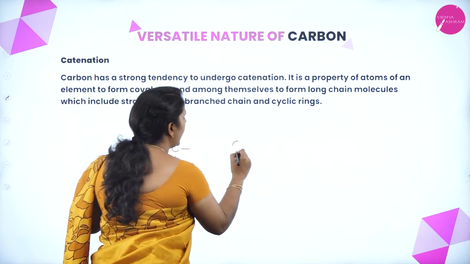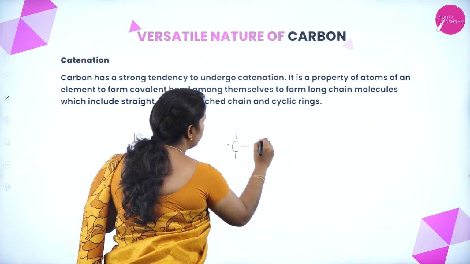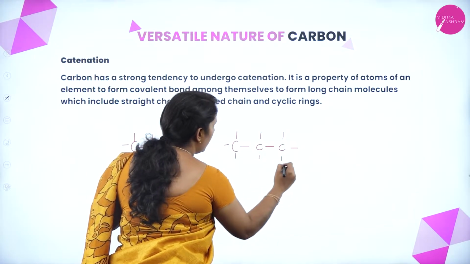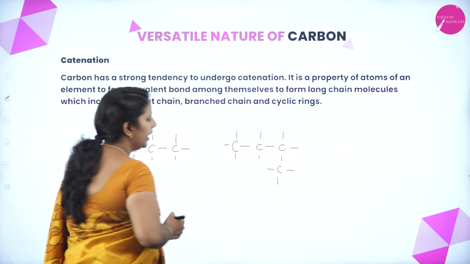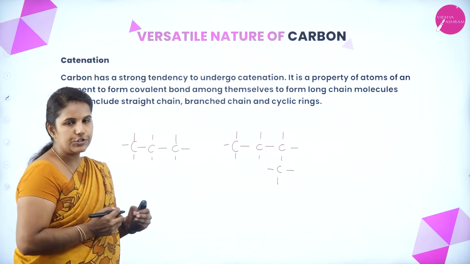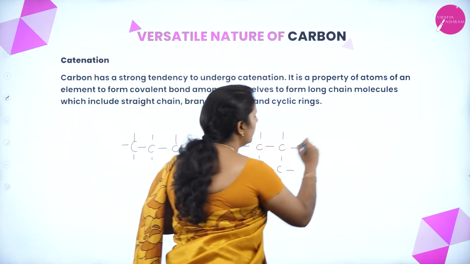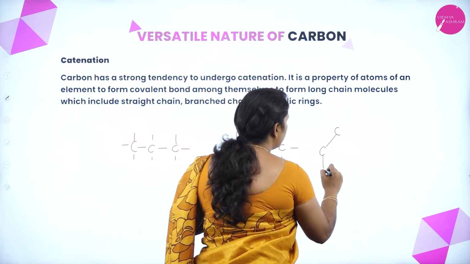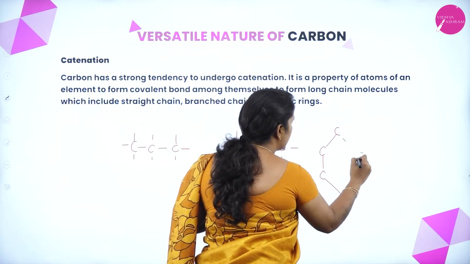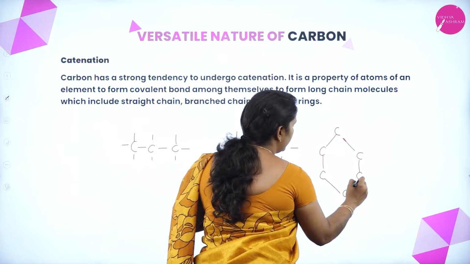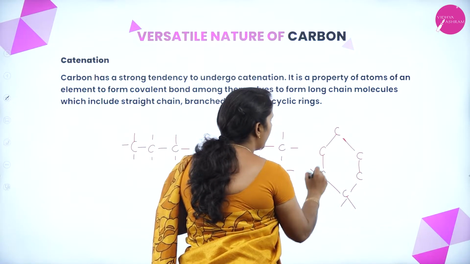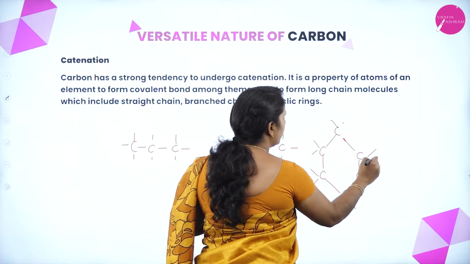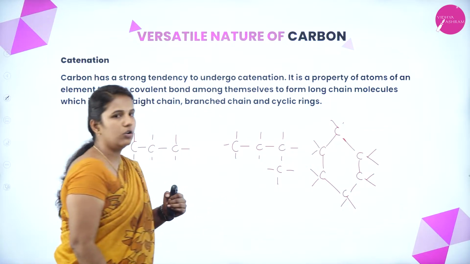Suppose if the carbon atom is bonded with the other carbon atoms, it may lead into a branched chain. Sometimes, the carbon atoms combine themselves and result in the formation of a cyclic ring also.